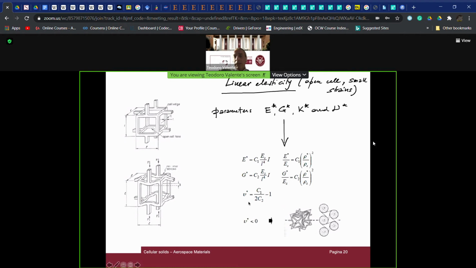And as concerns the Poisson coefficient, it also can be defined in such a simple way by using the two constants C1 and C2.